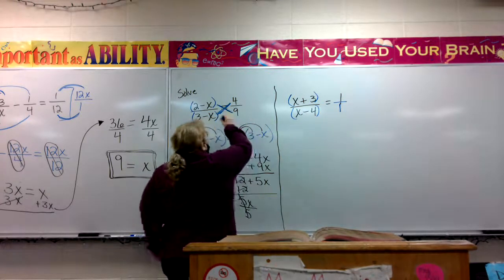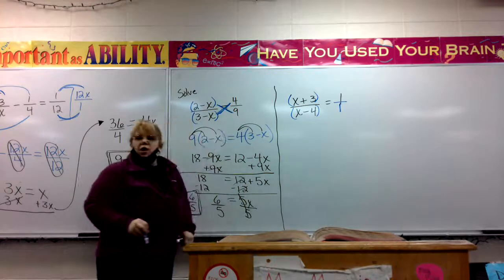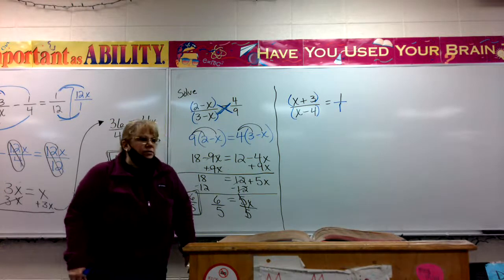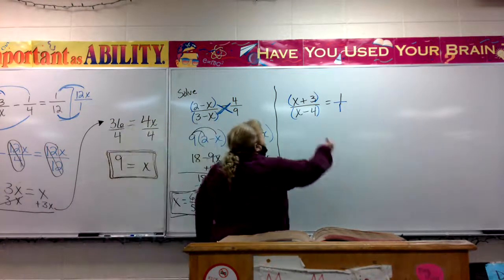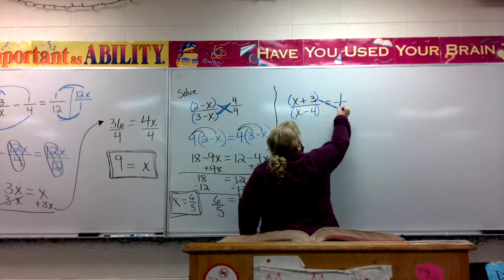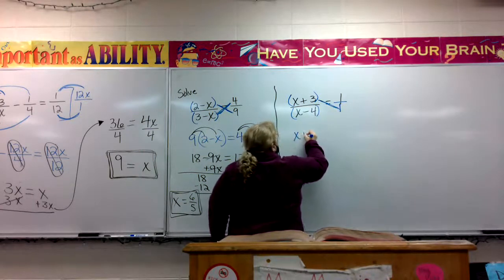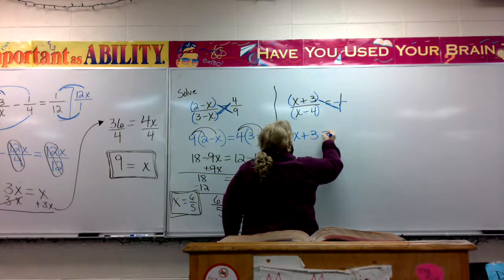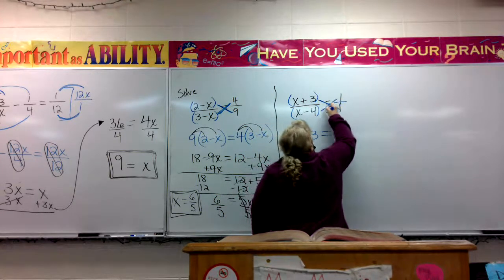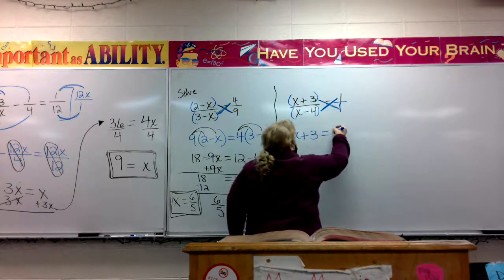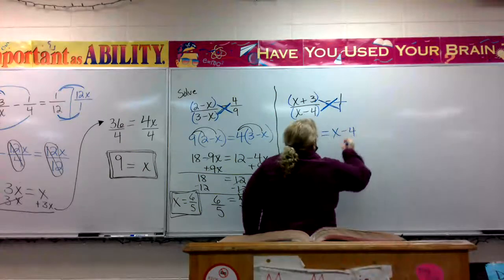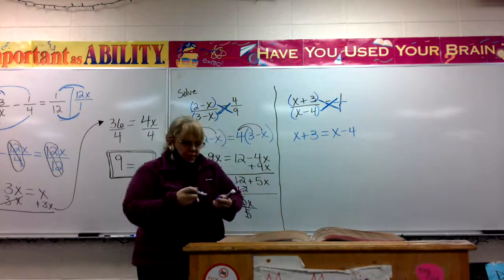And again, it's very similar to this one, so we can just cross multiply it, right? Cross multiply it. x plus 3 times 1. That's just x plus 3. And same thing this way. x minus 4 times 1. That's just x minus 4.